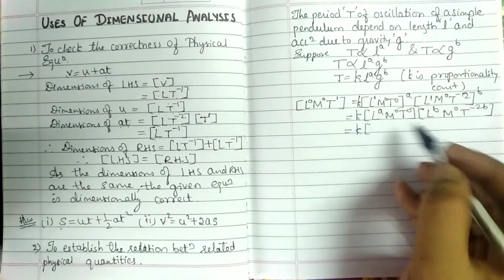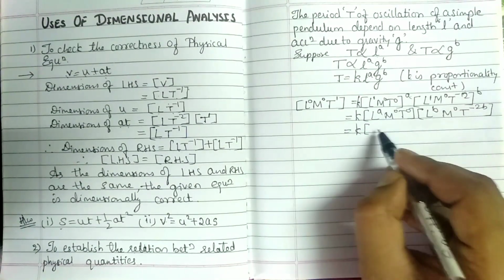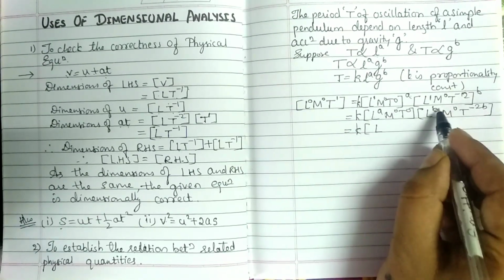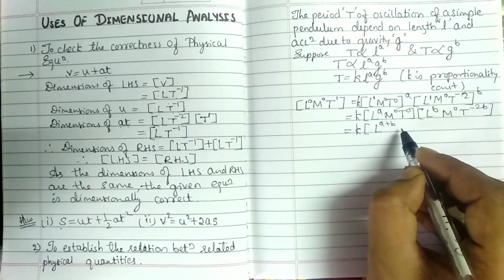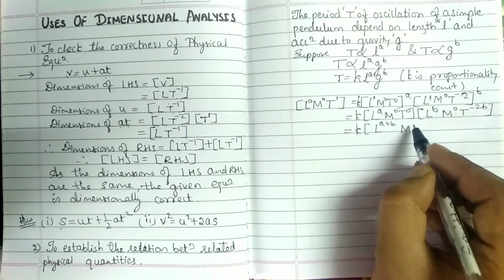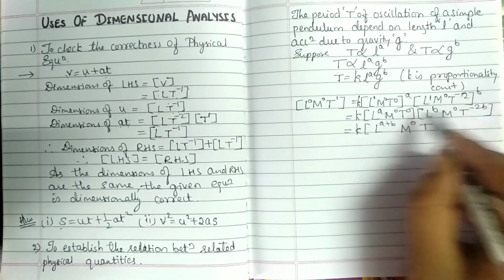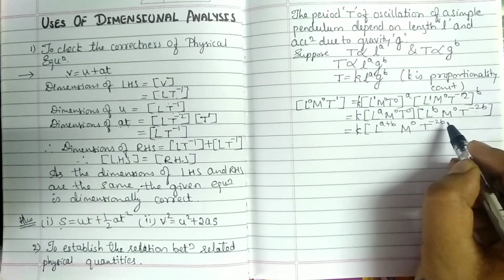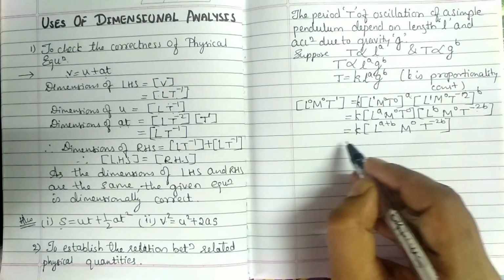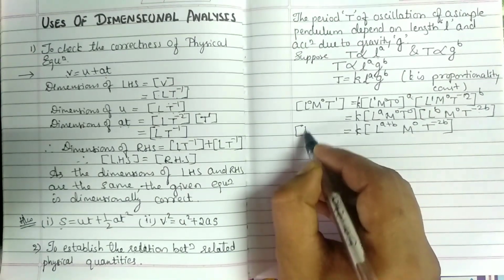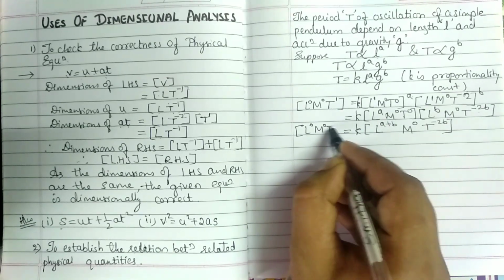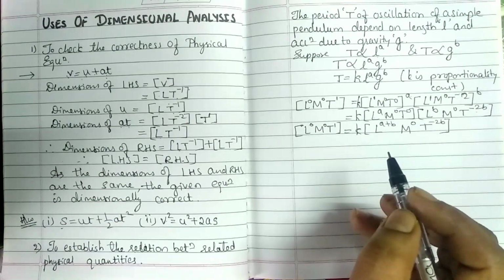Once again apply indices, L raised to A, L raised to B, I can write A plus B, M raised to 0, and T raised to minus 2B. And what you have in LHS is L raised to 0, M raised to 0, T raised to 1.